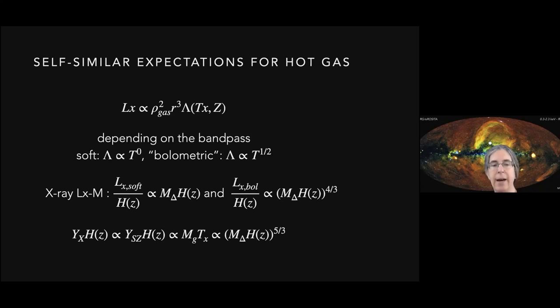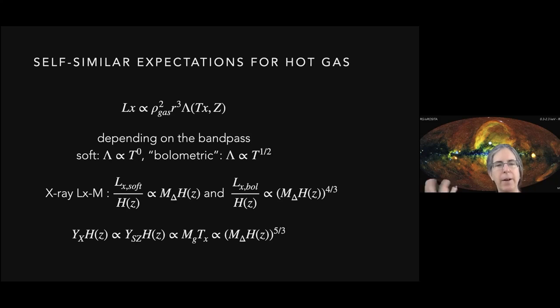And the hot gas in a cluster is going to be proportional to the gas density squared because it's a collisional process. Thermal Bremsstrahlung and emission line production is a collisional process proportional to r cubed.